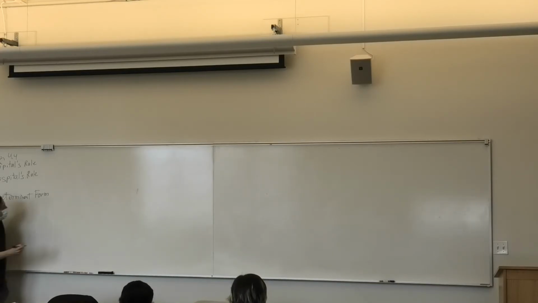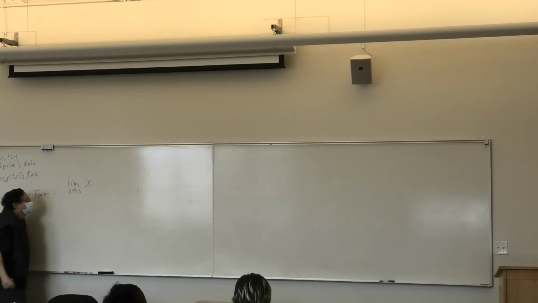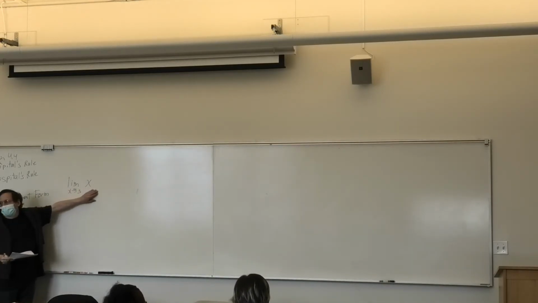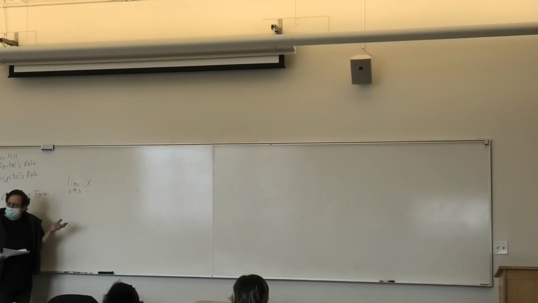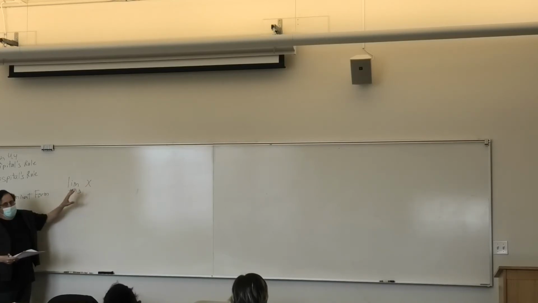So if you have some limit, say x approaches 3 of x, there's nothing indeterminate about this. It's a polynomial, it's continuous. The limit is the same as the value of the function at that point, which is 3.